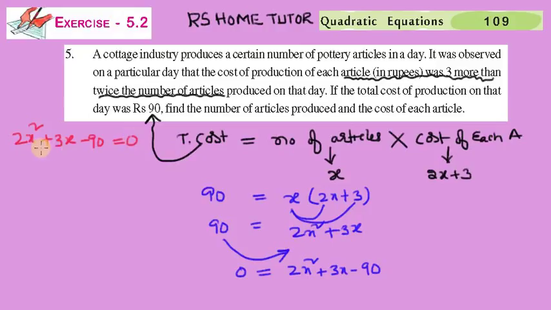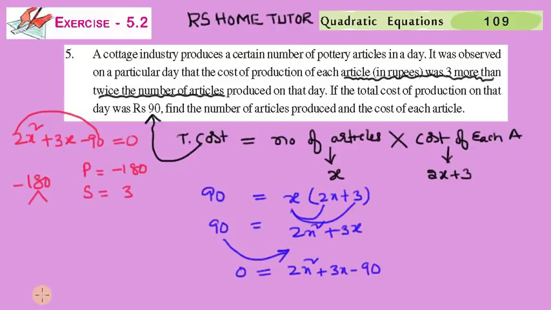So whenever we have a quadratic equation like this, we know the method of solving that. We'll take the product of this. The product is minus 180, 2 90s are 180, and the sum should be 3. So what are the factors for 180, and the sum should be 3?